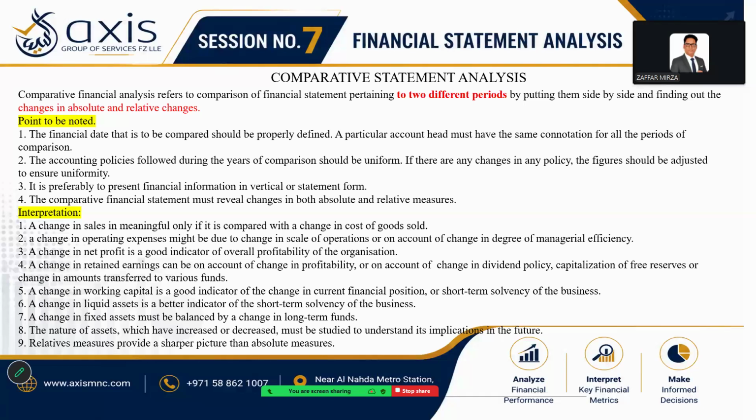When interpretation is done, the first one is sales interpretation, and I'm giving it in order. The question can come for any point. First is sales, second is operating expenses, third is net profit, after net profit, retained earnings.